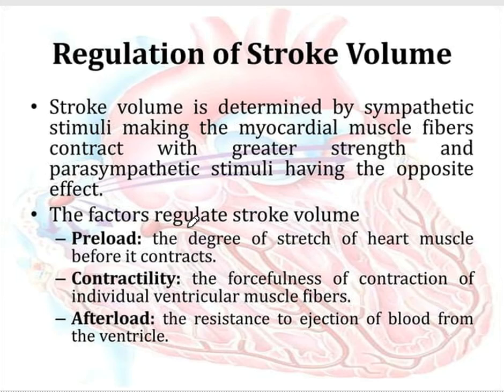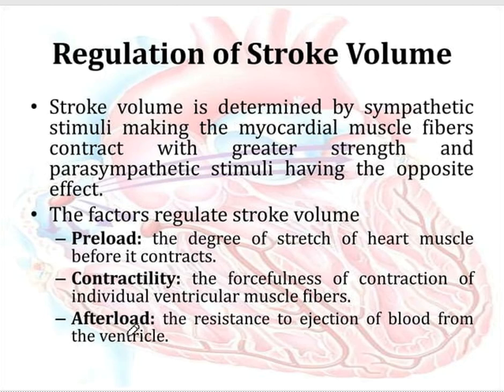The factors which regulate the stroke volume are, first, preload. Preload is the degree to which the heart muscles stretch before they contract to receive the blood. If the heart muscles are stretched more, more blood will come into the heart. The more blood coming into the heart, the more contractility power is needed, the forcefulness of contraction of the individual ventricular muscle fibers.